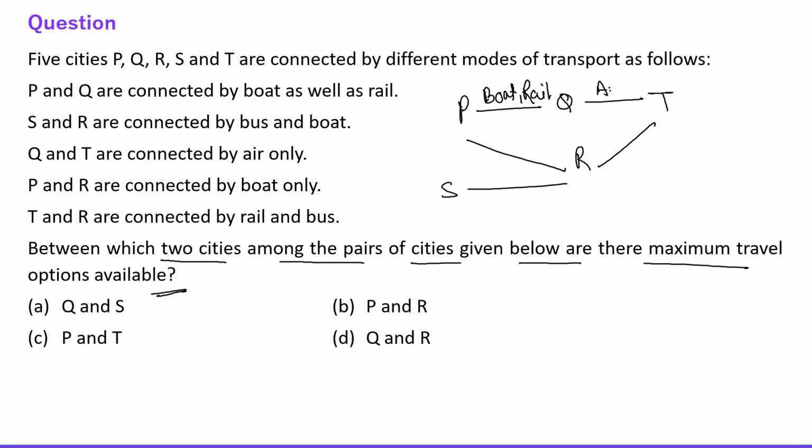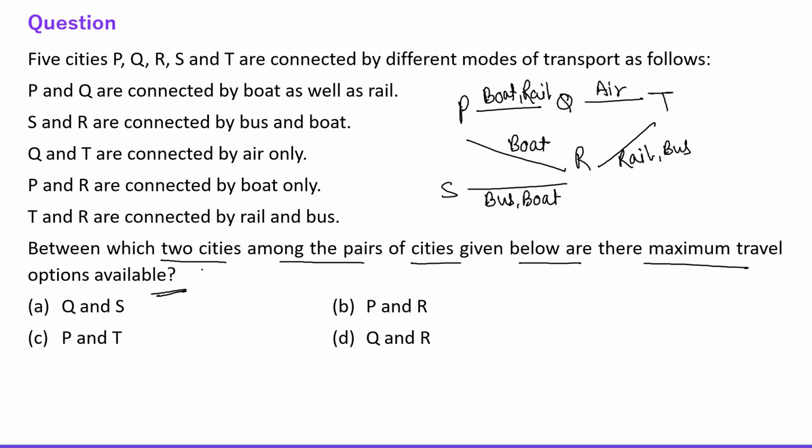This is air. T and R, rail and bus. P and R, boat. S and R, bus and boat. Right, so this is the figure.